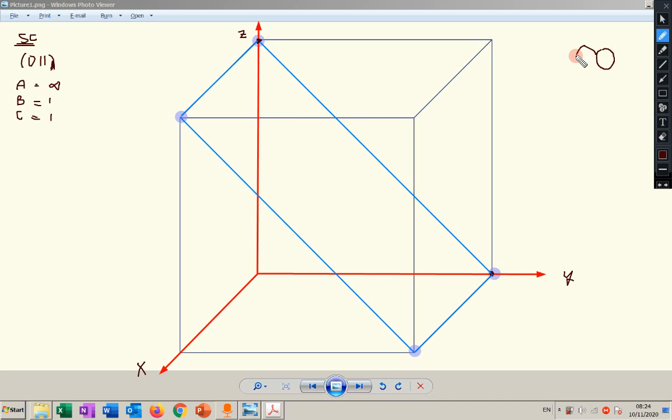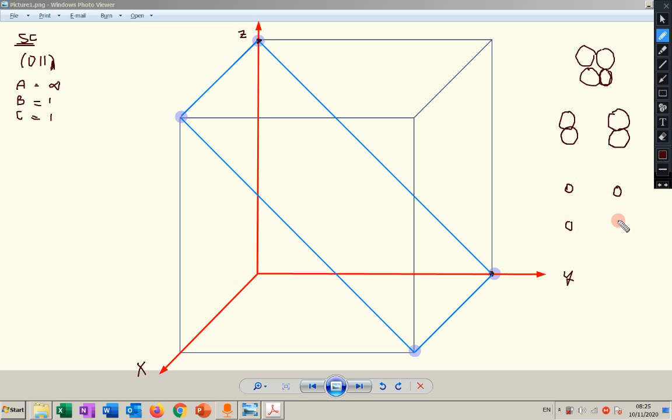Shall I draw the 4 atoms side by side like this, or shall I draw them in this manner, 2 of them touching each other here, and let's make them a bit bigger, so there is a circle, and another atom here, or do I have to separate them as 4 atoms?